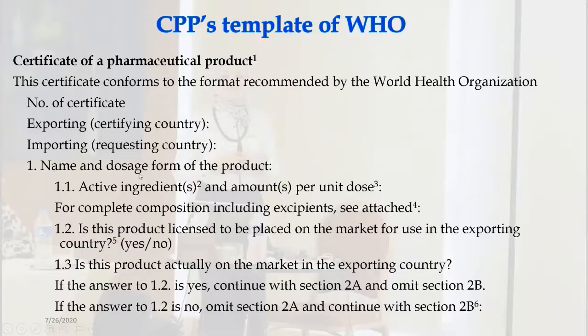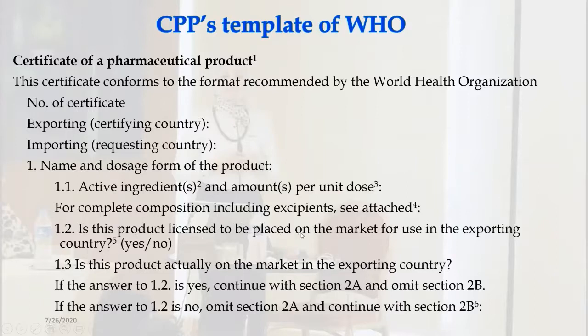And we will mention in the CPP the information of the product related to the composition formula, what is the active ingredient, and the amount of active ingredient per unit dose according to the registered information in the country of origin. And we can attach the SMPC to include additional data for the excipients.